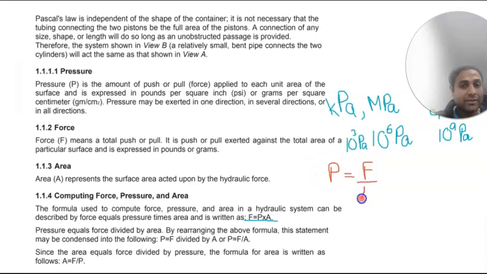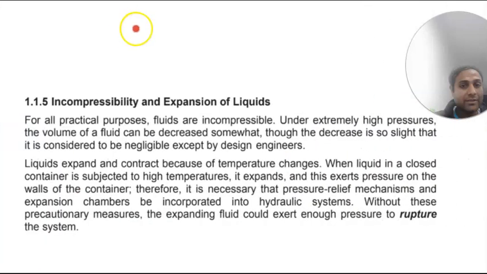Now, all the liquids expand and contract because of temperature change. It might be that when you are compressing the fluid, there is a change in temperature from one side to the other, so the fluid has compressed. But usually when you compress something, it gets hot, so it should actually expand. So sometimes this is all balanced in the system.